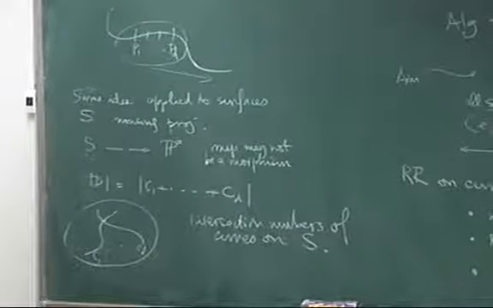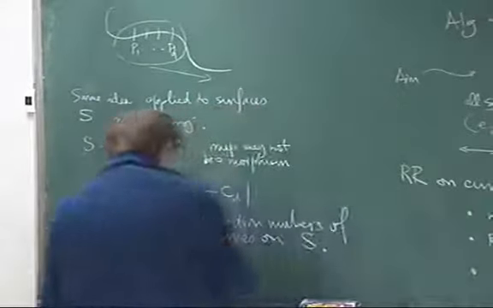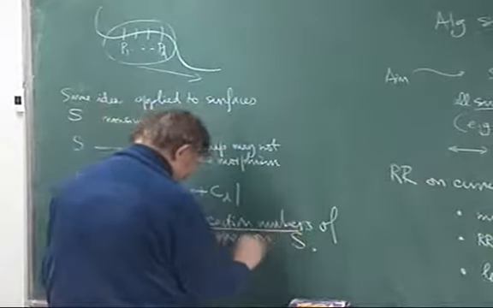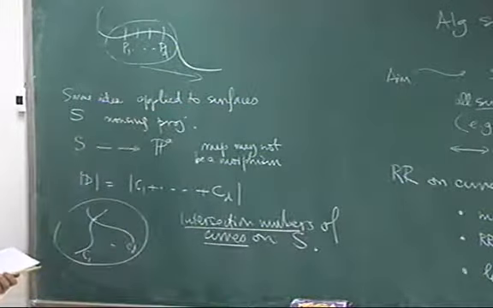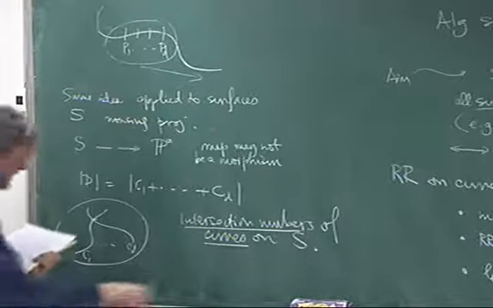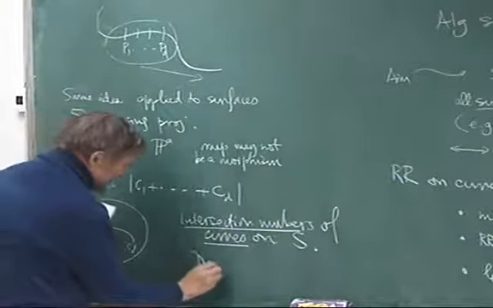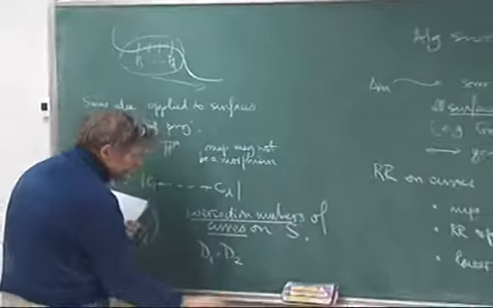So most of today's talk I'm going to be talking about this problem, introducing intersection numbers on curves. Intersection number of, so this means D1 times D2, some number.